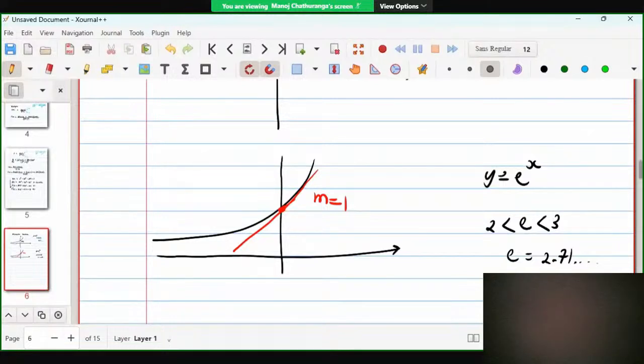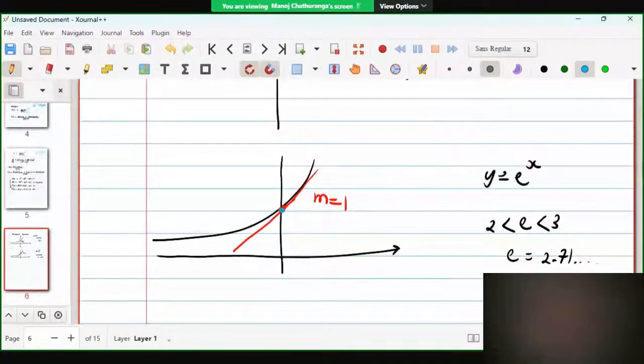At first it doesn't seem very interesting, but it has this very interesting geometric property: the slope of the tangent line at 0 equals 1. For example, it helps us to compute the derivative.